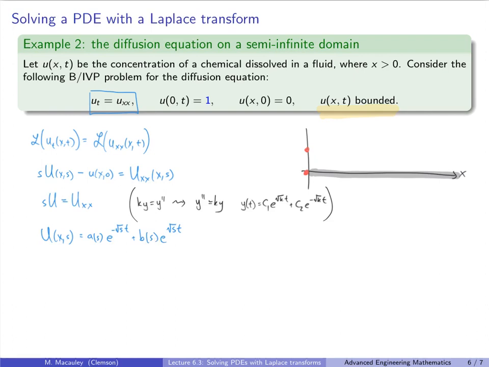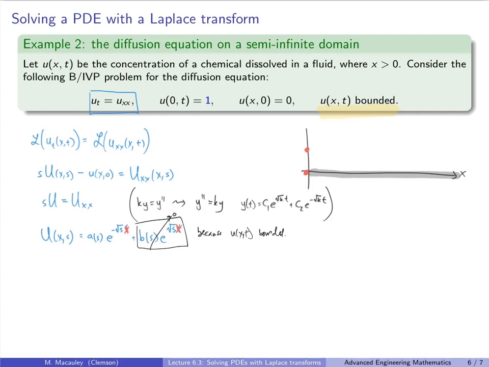Now, here I should point out the fact that this is bounded. Oh, you know what? I just realized I said t instead of x. Sorry about that. So one of these is bounded for positive x, that's this one, and one of them is not. So we can get rid of that, because u of x and t is bounded.